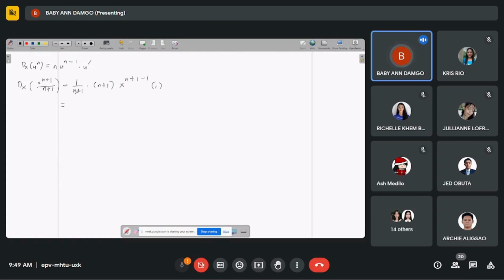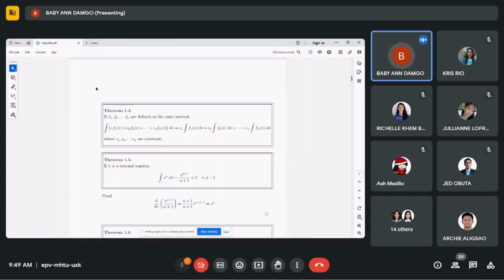So the n plus 1 cancels, and the result is x to the n, which is our small f of x. Okay, so review.